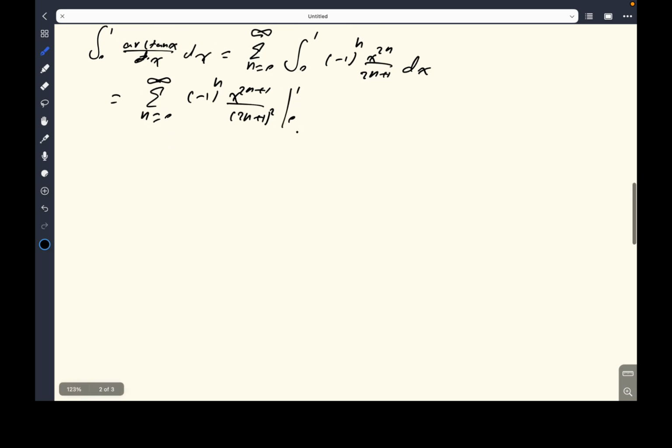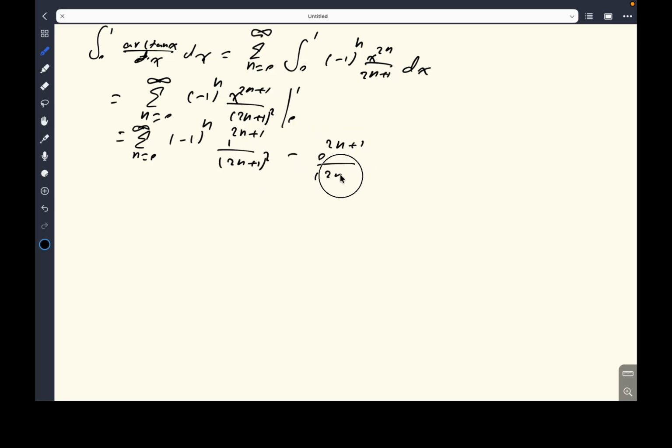Now, it's going to be n equals 0 to infinity. And if I plug in and solve for this definite integral, 1 to the 2n plus 1 over 2n plus 1 squared minus 0 to the 2n plus 1 over 2n plus 1 squared. You get 1 to the n.